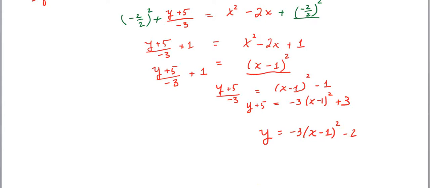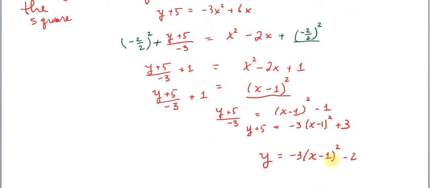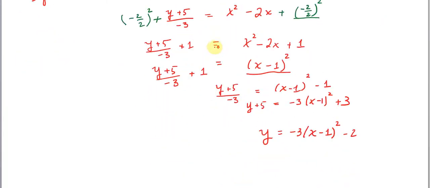What this expression is, is the same thing as the original expression. If we were to multiply everything out, distribute everything, then we would in fact get negative 3x squared plus 6x minus 5. But having it this way gives us some advantages.